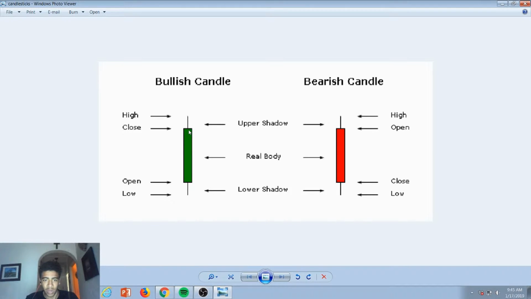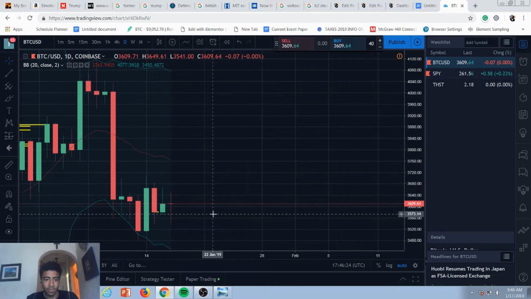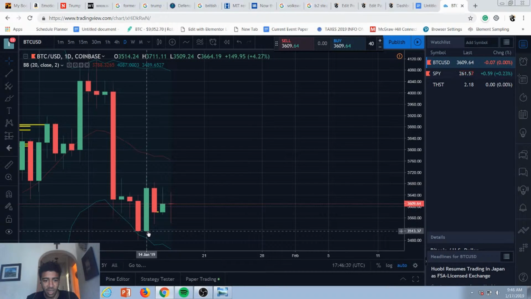Alright, so how you read a rectangular body of a candlestick is the bottom of a green candlestick represents the opening price for that given time period. If I was on the day chart and I was looking at a green candlestick, you can zoom in right down here at the bottom of the rectangle.